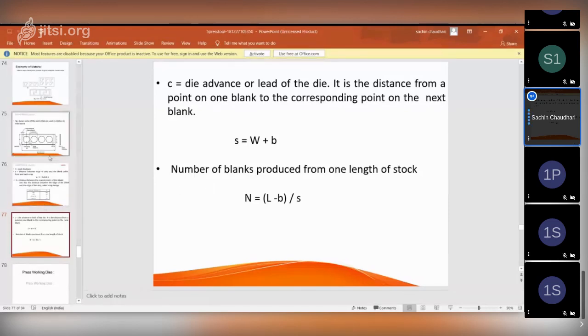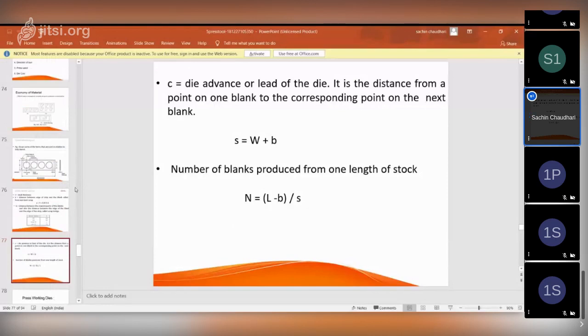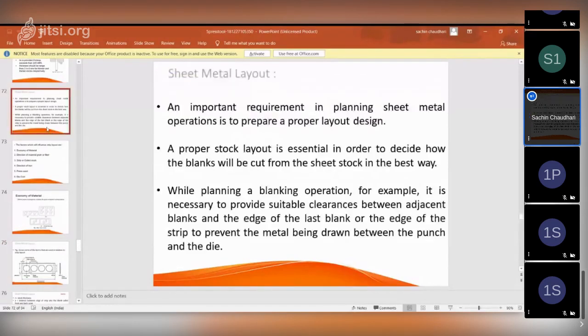From this formula, you have to take care of all these formulas for designing any strip layout, whether it is a circular hole or a rectangular hole, or whatever the profile. In general, softer metals require a larger spacing. Why is it required? Because these softer materials try to gain, or there is more slug formation.